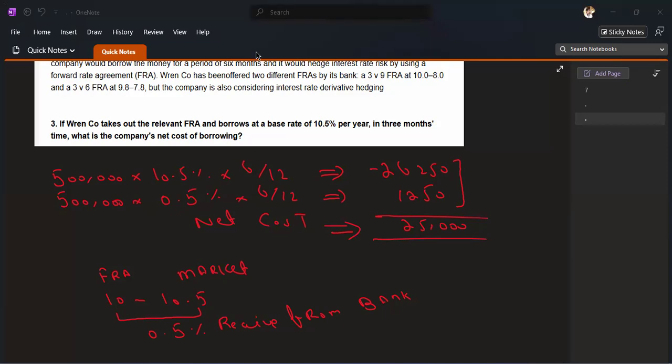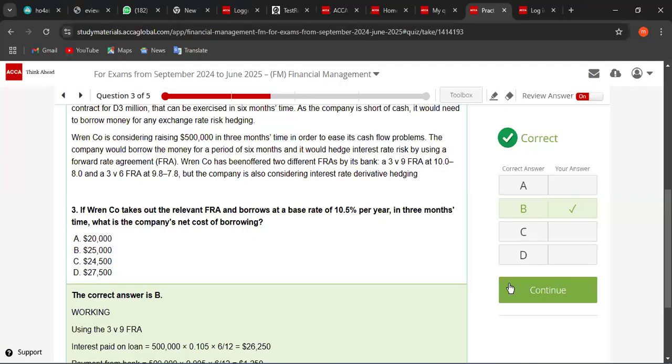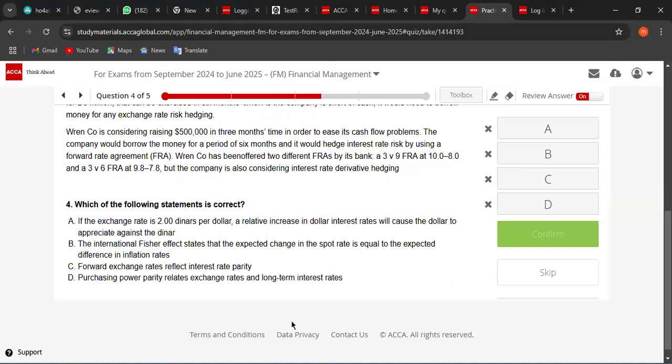Now, the examiner was asking which of the following statements is correct. If the exchange rate is 2 dinar per dollar, a relative increase in dollar interest will cause the dollar to appreciate. Now see, this is the thing which I have explained already.